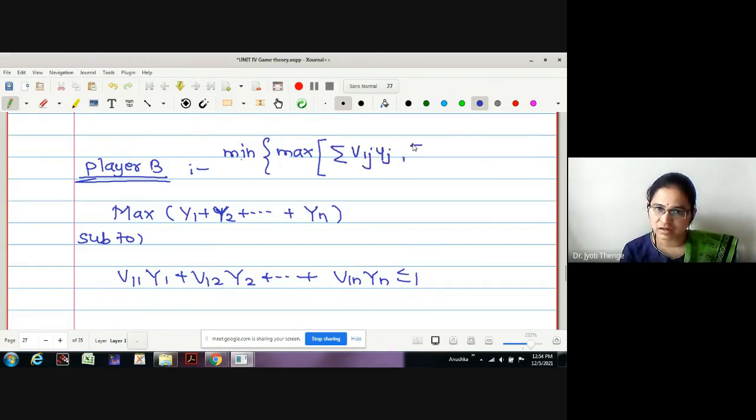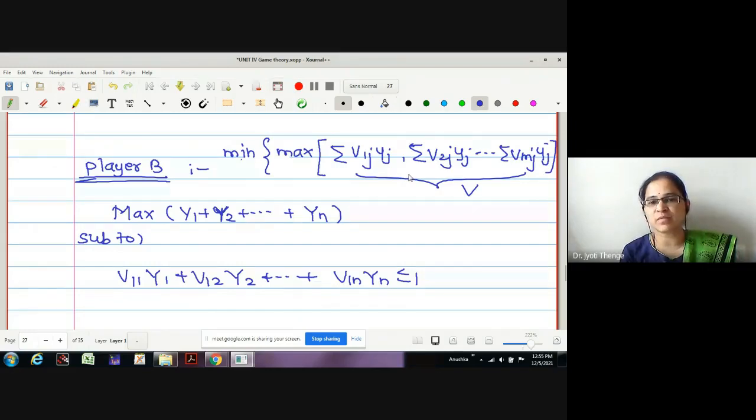of the summation v1j, summation v2j, up to summation vmj. Therefore, if I keep this as the objective function v, then the maximum of this bracket is equal to v. What kind of relation is going to hold between this arbitrary number and v?